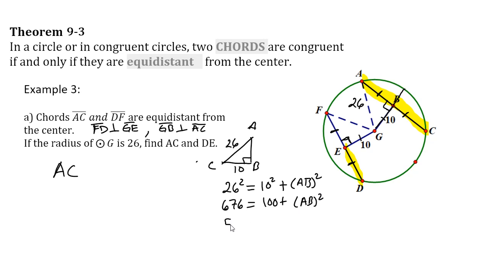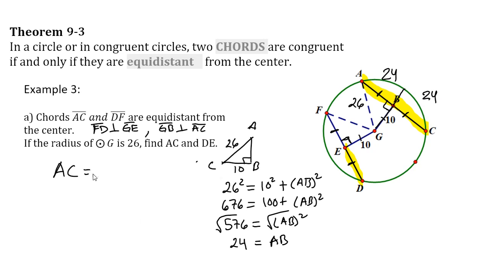Subtracting 100, we get 576 is equal to the length of AB squared. Taking the square root of both sides, we get that the square root of 576 is going to be 24, and this is going to be equal to AB. So AB is 24, and that's the same thing as BC, so this is also 24.